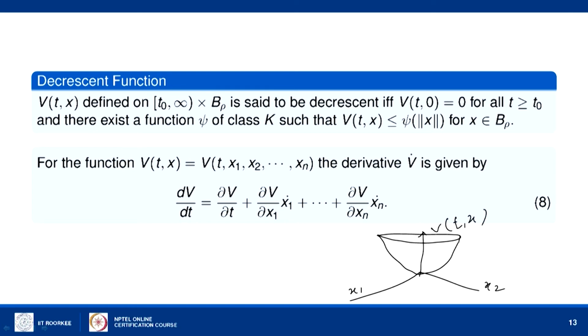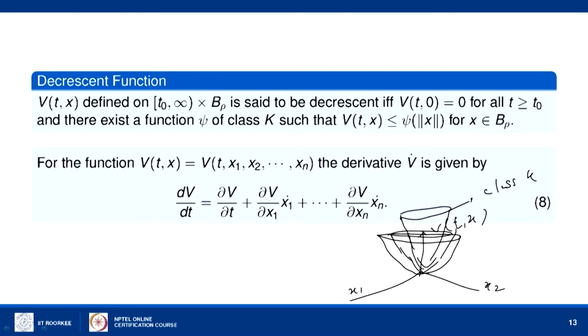For one particular t this is the surface, for some other t it will be some other surface, you may get a band of surfaces. So, for different t you may get different surfaces, but all the surfaces from 0 to infinity should be within a band and you should be able to get another surface of class K.